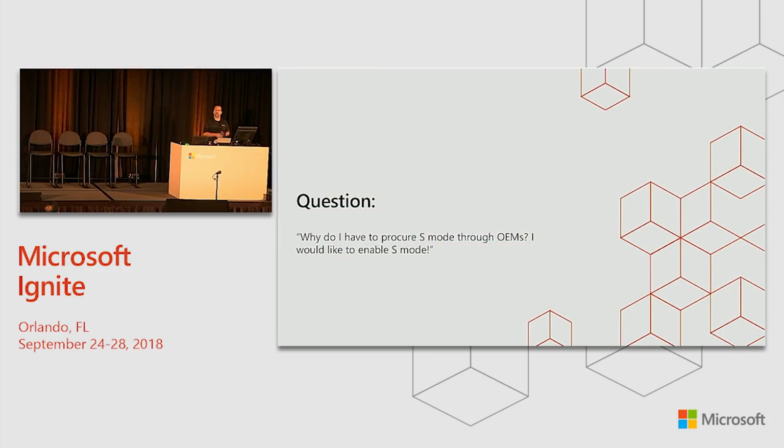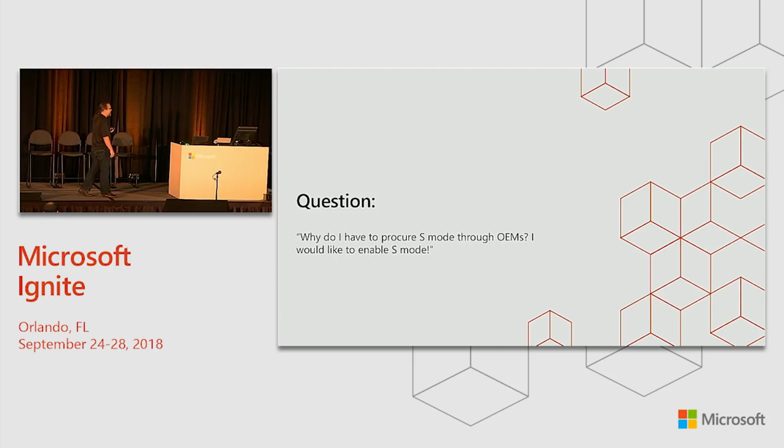So throughout this session, I'm going to talk about questions I get a lot. And one of the first questions I get is, Steve, why do I have to procure S-mode through OEMs? I would like to flip a switch and enable S-mode. Now, I'm not telling you that we've ruled that out. I'm not telling you that we've ruled that in as well.